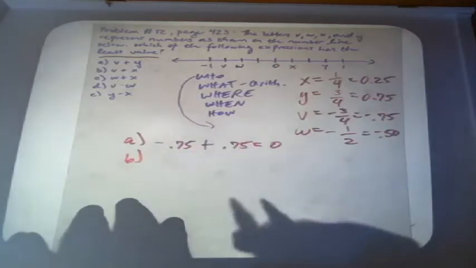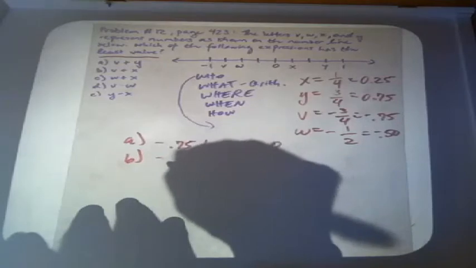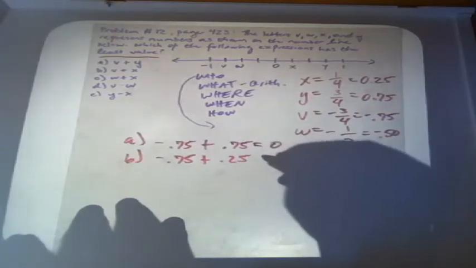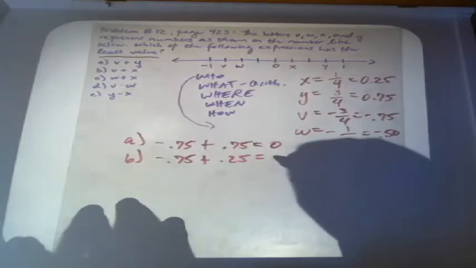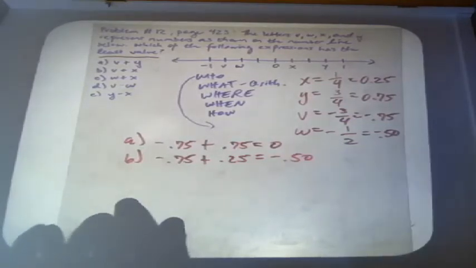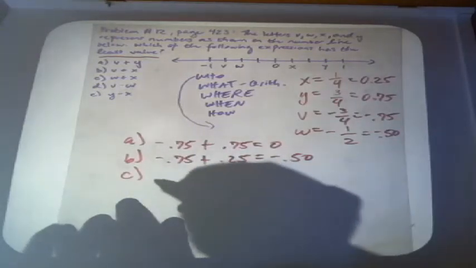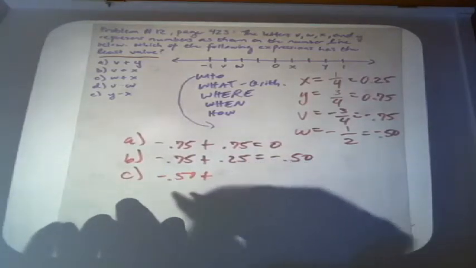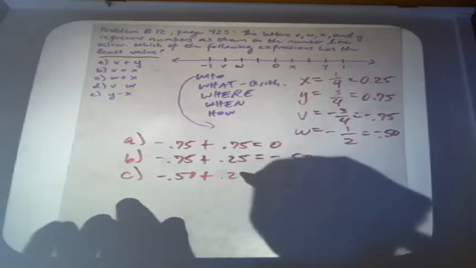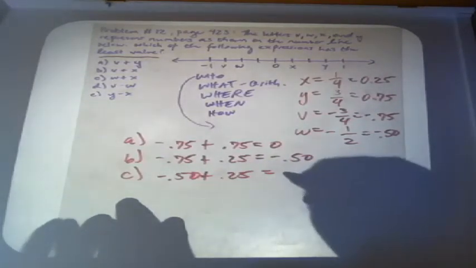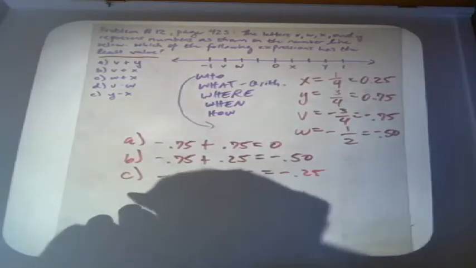Going to answer choice B, we take V, negative 0.75, and add X, which is 0.25, and we get negative 0.5. For answer choice C, we add W and X. W is negative 0.5 and X is 0.25, and when we add those together, we get negative 0.25.